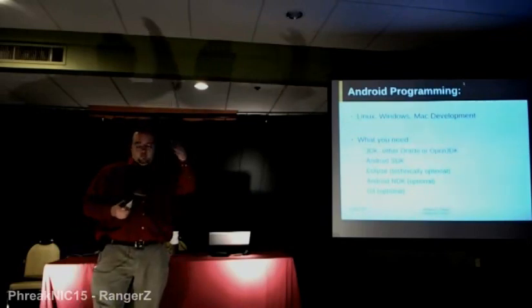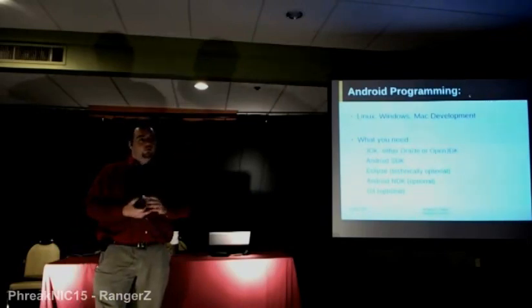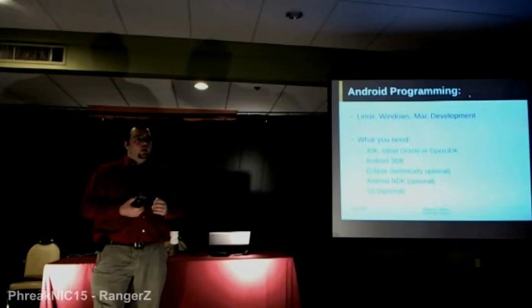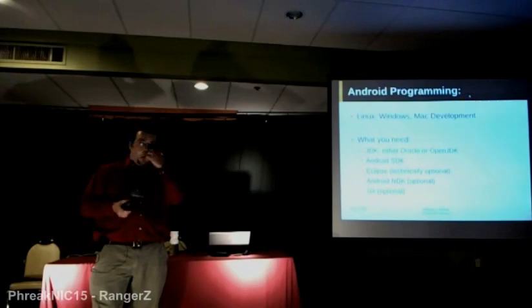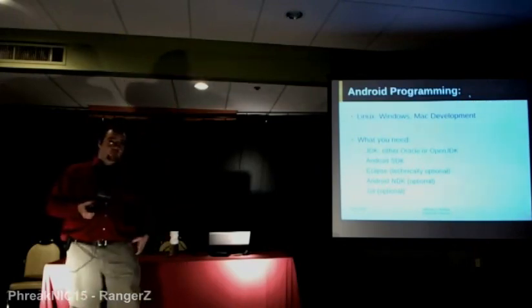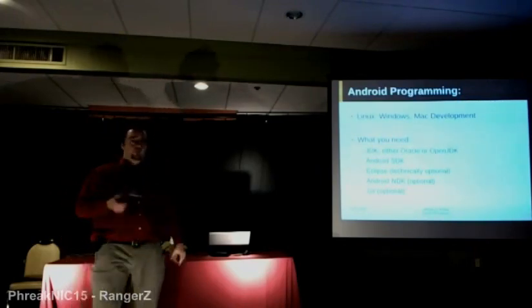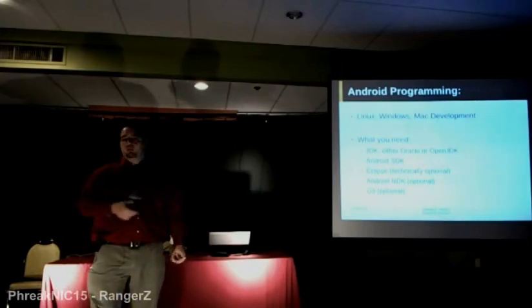My senior research was I compared function calls and looping in both native ARM, I want to say ARM 7. I'm not sure offhand right now, but ARM versus the Dalvik code.